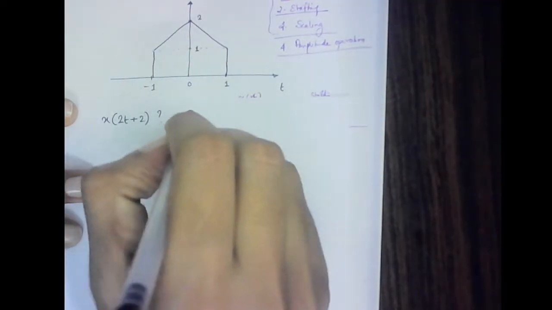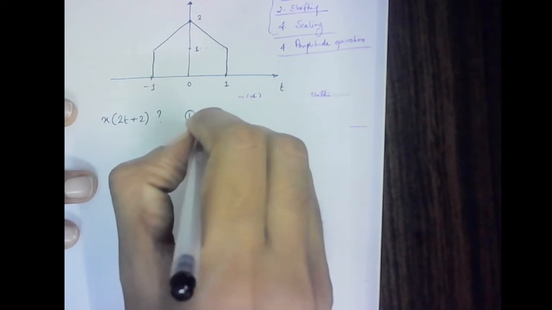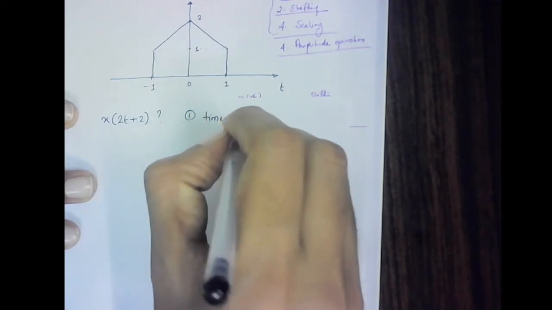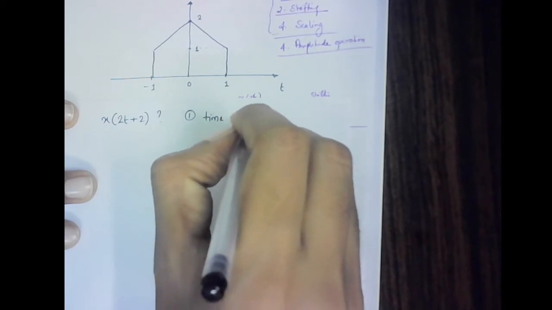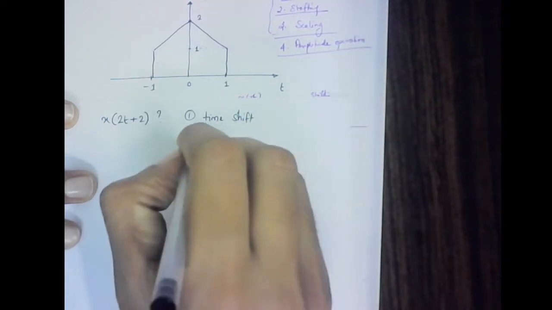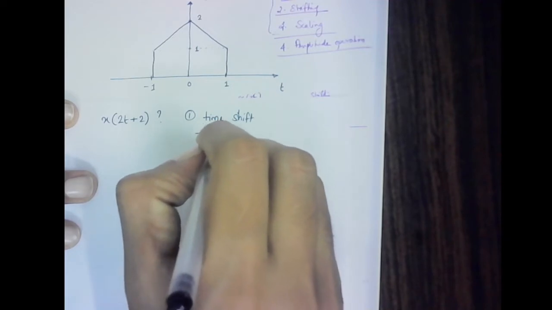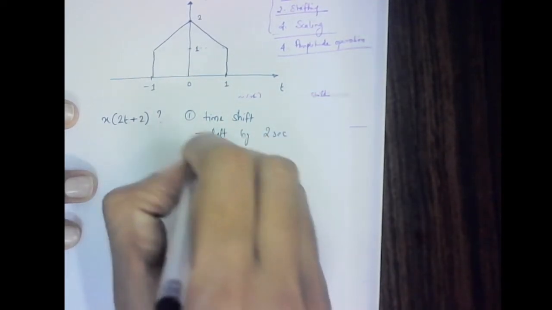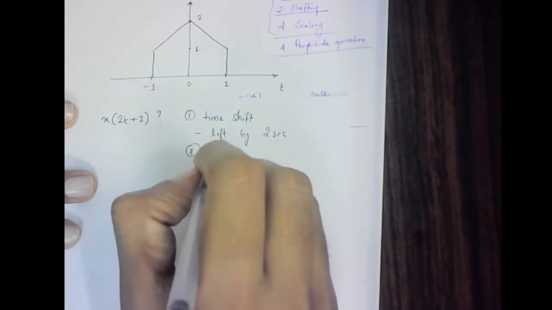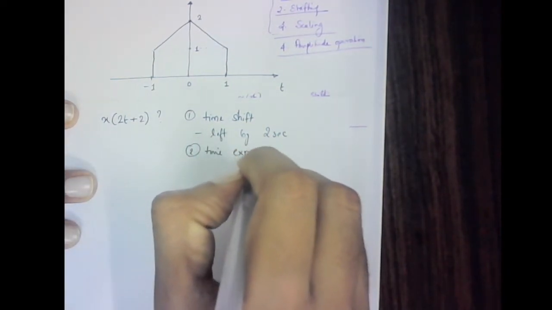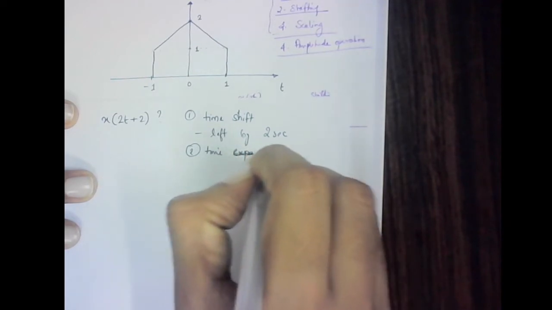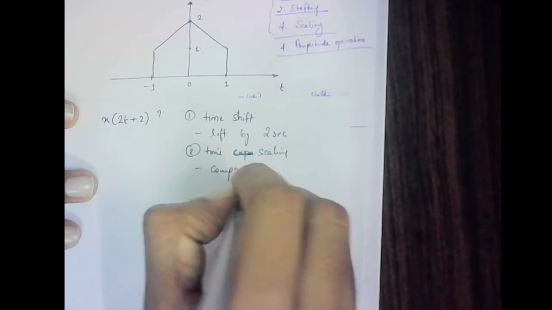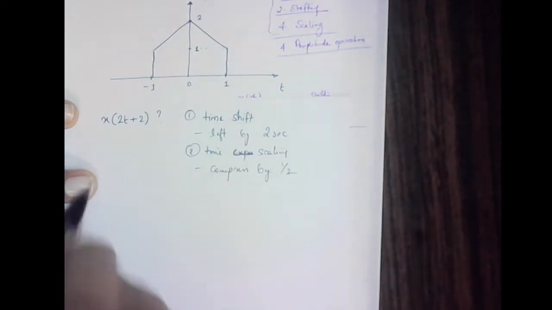So first, time shift. Time shift means here you need to shift to the left by 2 seconds. Second operation is time scaling. Here you need to compress by half.